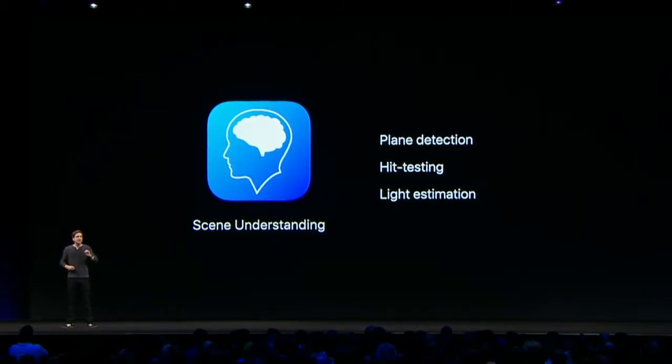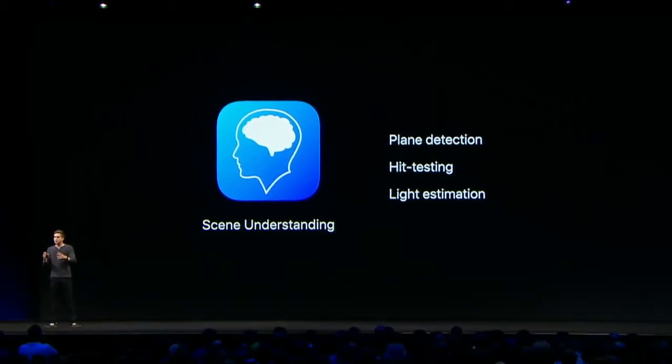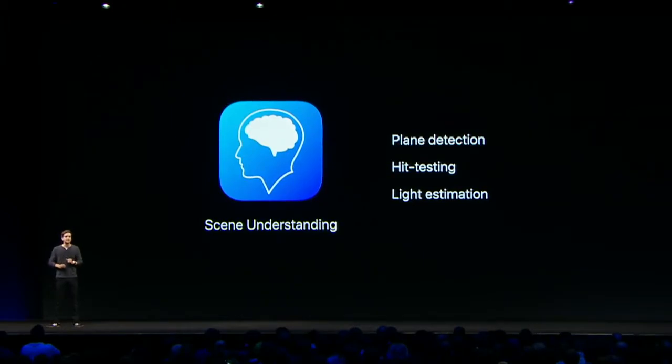So this is getting an intersection with the real-world topology so that you can place your virtual object in the physical world. And last, scene understanding provides light estimation. So light estimation is used to render or correctly light your virtual geometry to match that of the physical world. Using all of these together, you can seamlessly integrate virtual content into your physical environment.